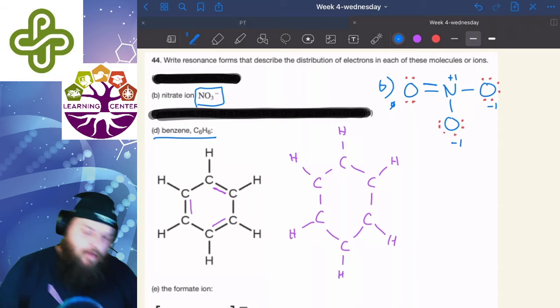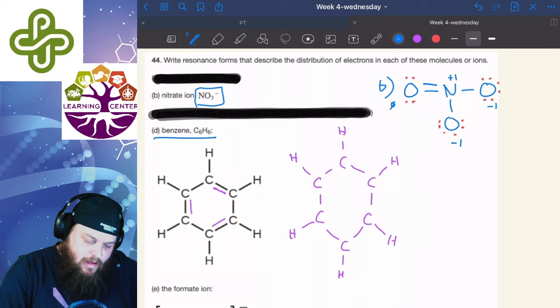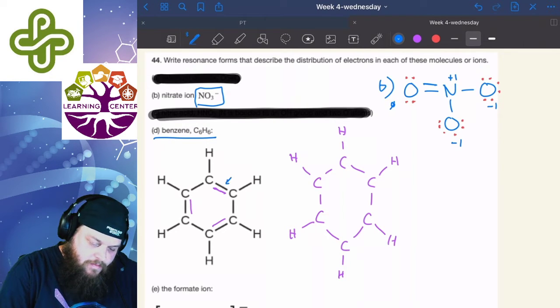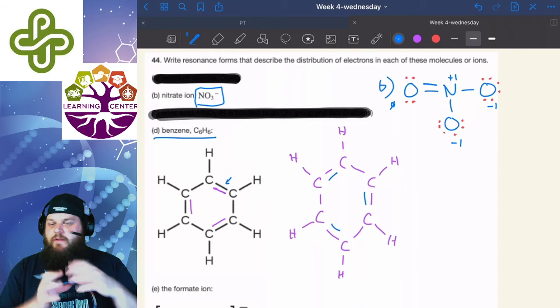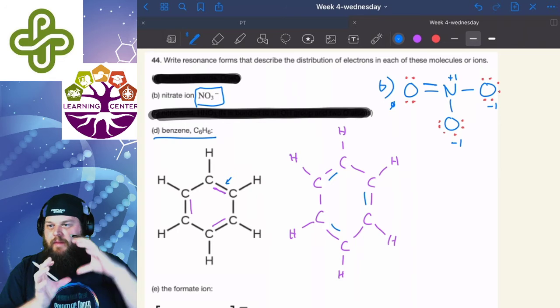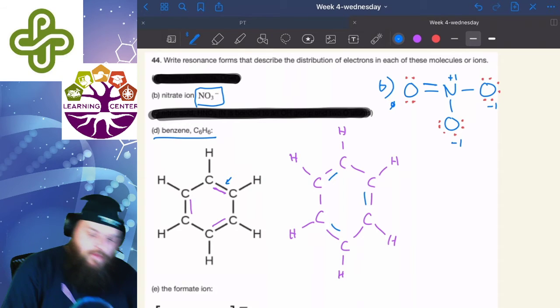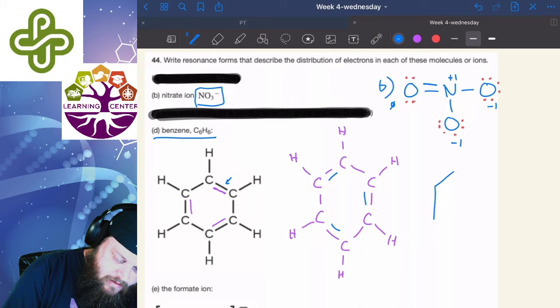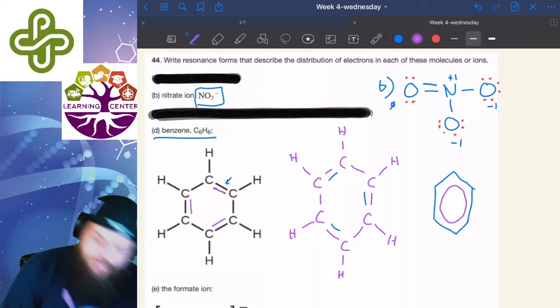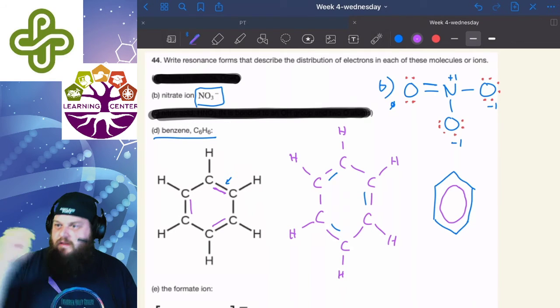And now, instead of being where they were here, we're going to jump over and they're going to alternate. So they really resonate from one to another and back, and so on. And it really just keeps going around in a circle. So really we get this, I'm going to draw it just kind of like this now. We get this resonance of electrons just flowing around that ring structure.